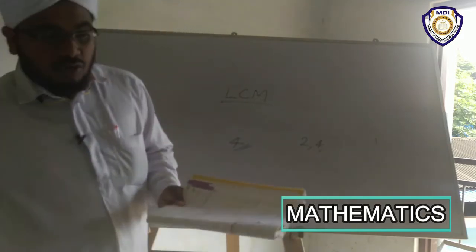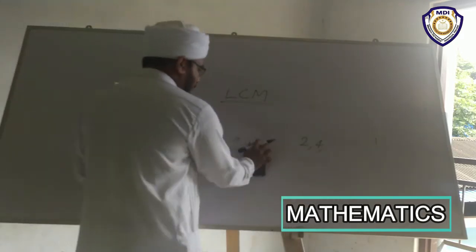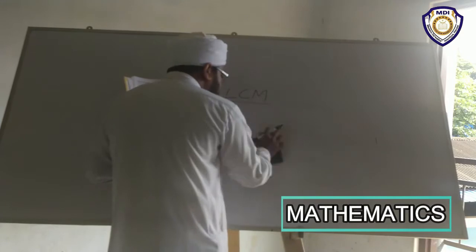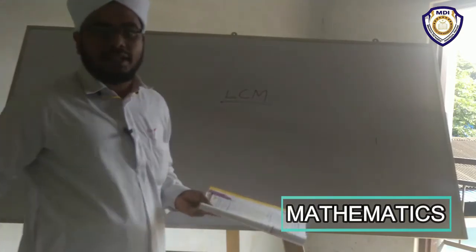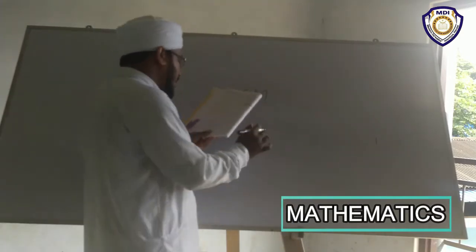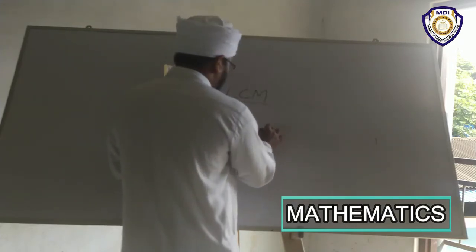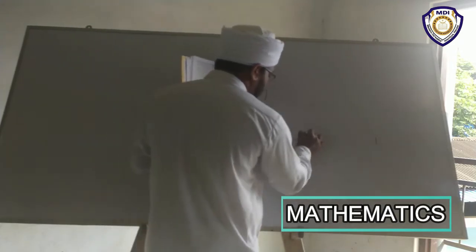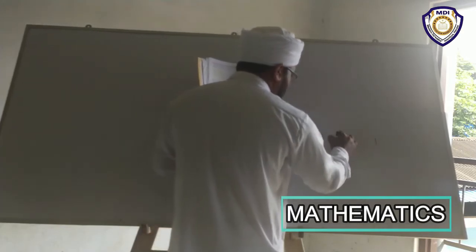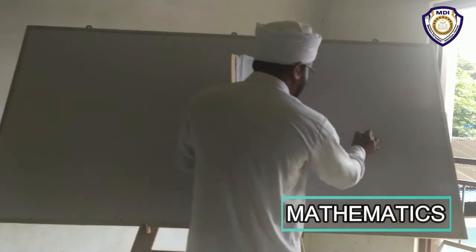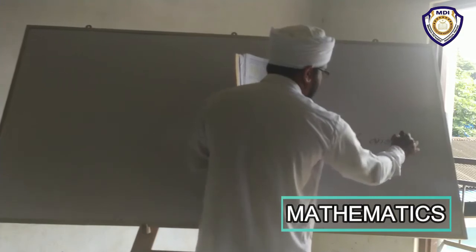Then there is a different way. Here we are going to study a different way to find the LCM. First there is an example: find the LCM of 6 and 8.